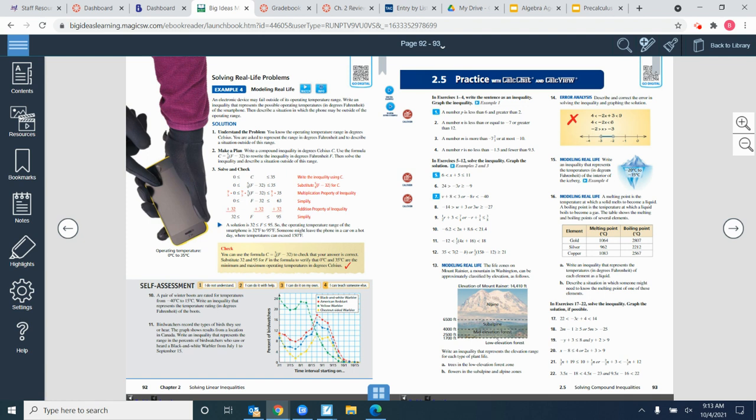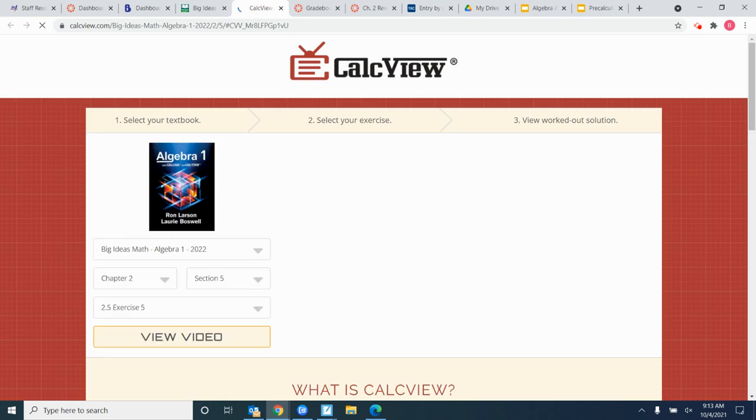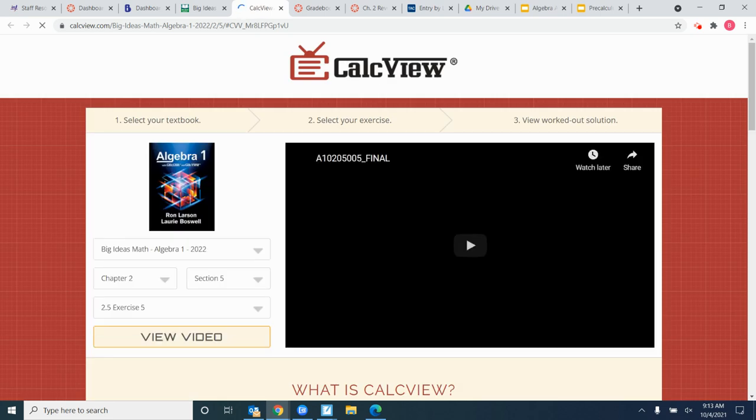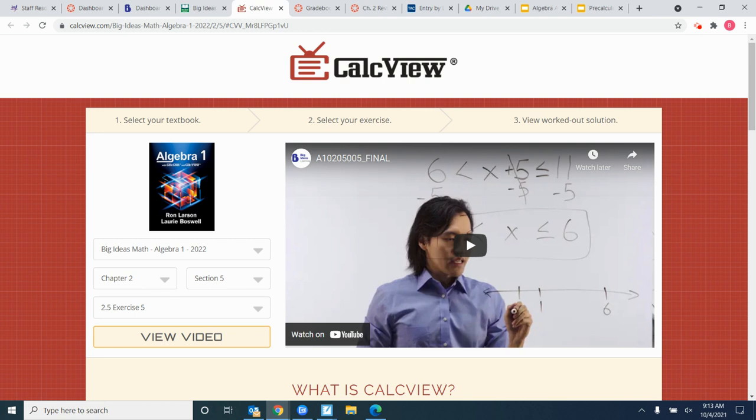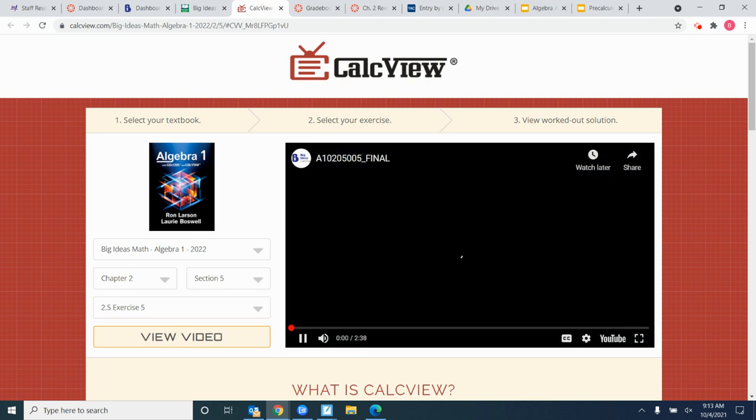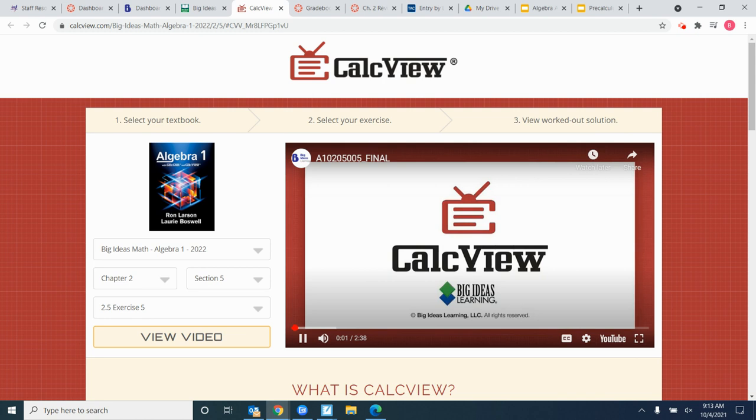If you forget how to do a problem, it will give you a video on how to do it. Okay, so if I click on this Calc View, it will give us different videos for each exercise, for different problems. So here it says exercise 1, 5, and 7. So if I'm doing number 5, and I don't remember how to do it, my good friend David will help you.